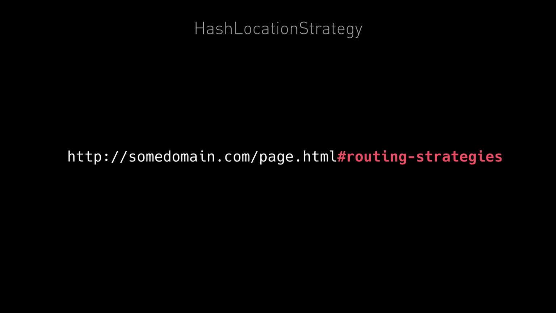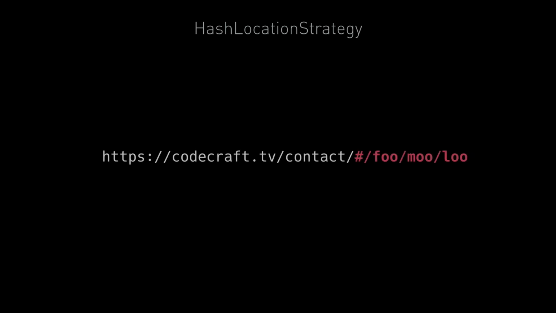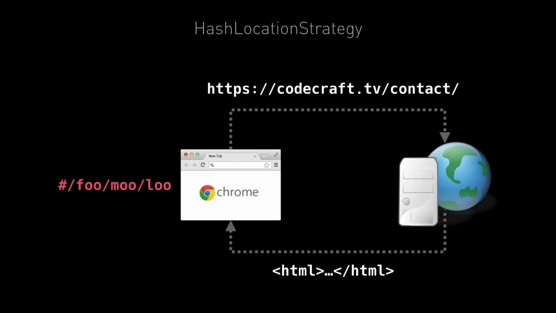However, it has another very important characteristic. Anything past the hash in a URL never actually gets sent to the server. So if the URL we were visiting looks like this, a contact page and then hash foo-moo-loo, then the browser makes a GET request to Codecraft TV/contact only.